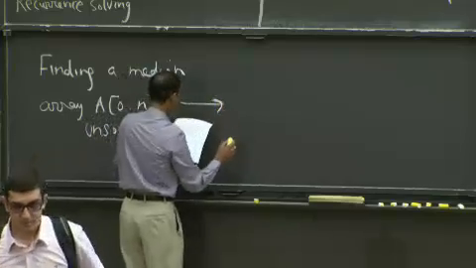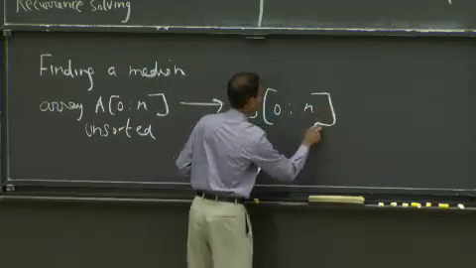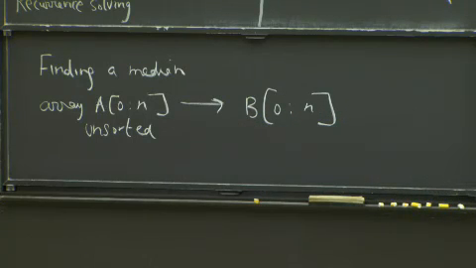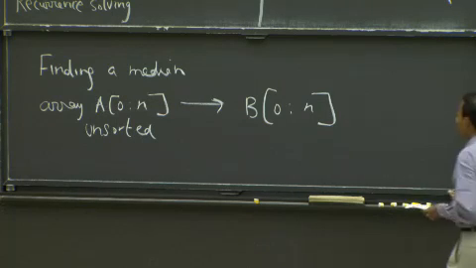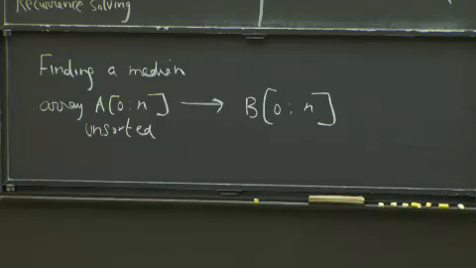When you sort, you turn this into B[0:n], where if it's just numbers, then you may sort them in increasing order or decreasing order. Let's just call it increasing order for now. Or if they're records and they're not numbers, then you have to provide a comparison function to determine which record is smaller than another record. And that's another input that you have to have in order to do the sorting.